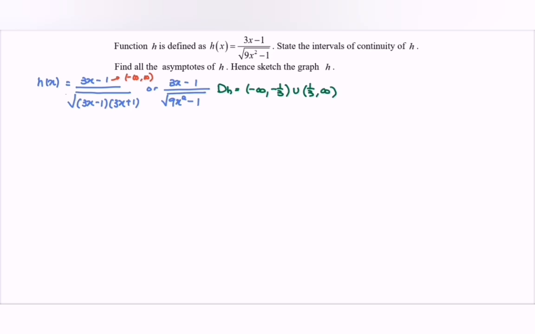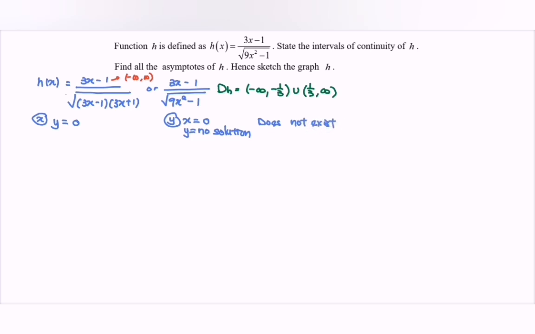Second step is to find the x and y intercepts. The x-intercept is when y equals 0, and the y-intercept is when x equals 0. Based on the domain, when x equals 0, there is no solution, meaning that the y-intercept does not exist.